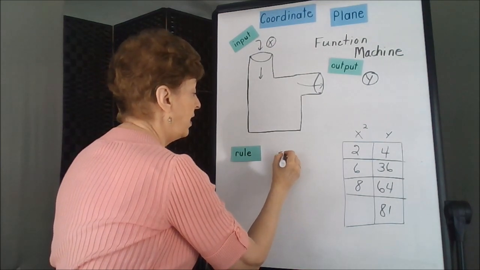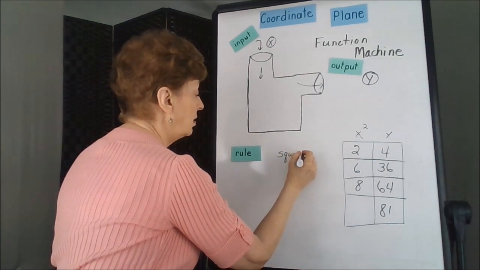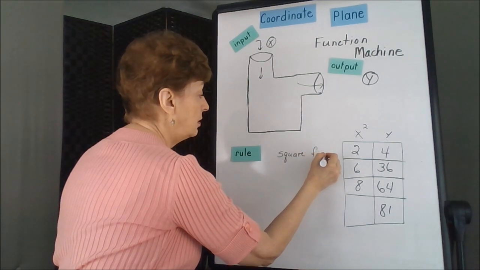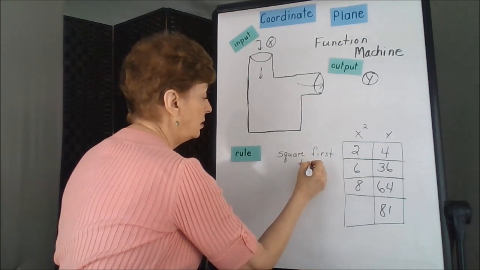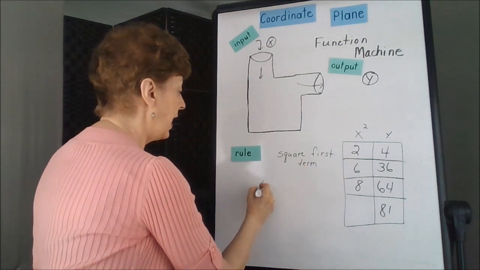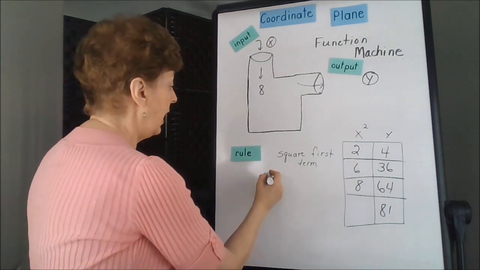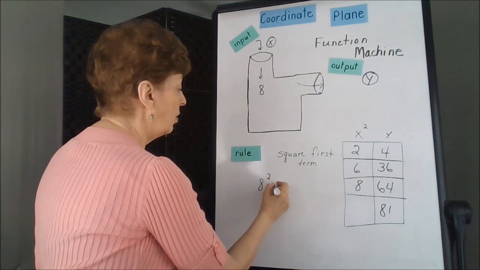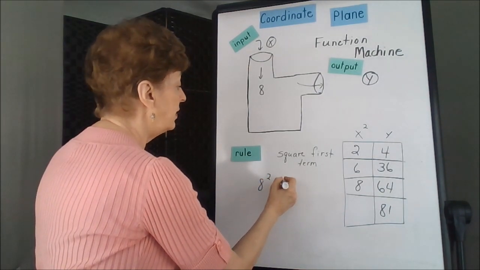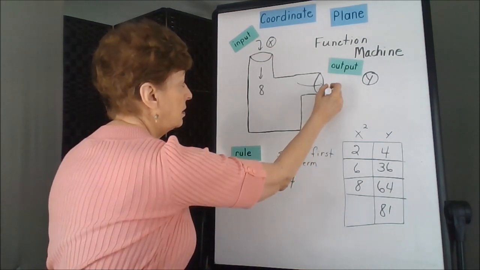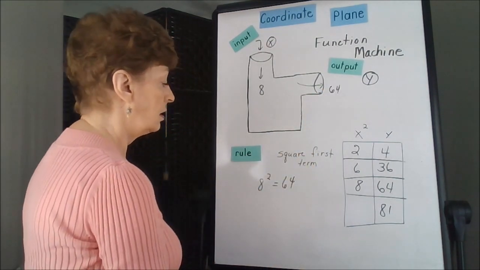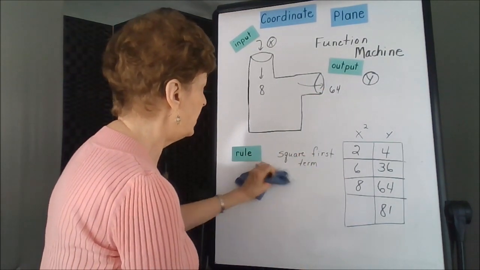It's square first term. So if we have 8 into our machine and then we square it, we will get an output of 64. Let's try that for our 6.